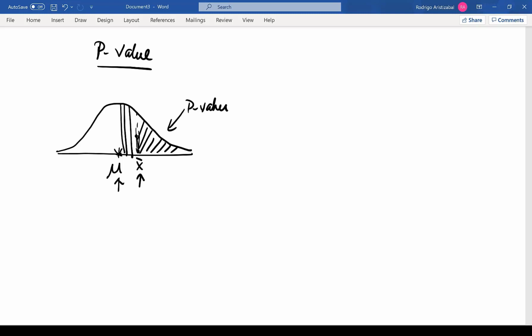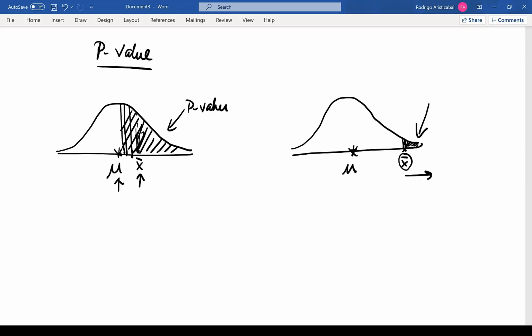However, if my evidence falls far away from the center, for example here, then the p-value is small. This extreme area is small. And the farther my evidence falls from the center, the smaller this extreme area, which is the p-value, will be.